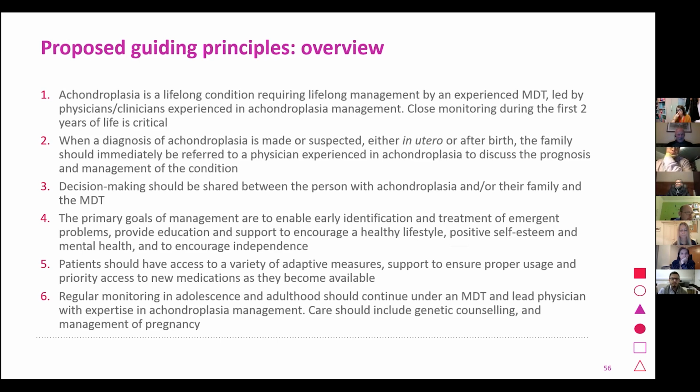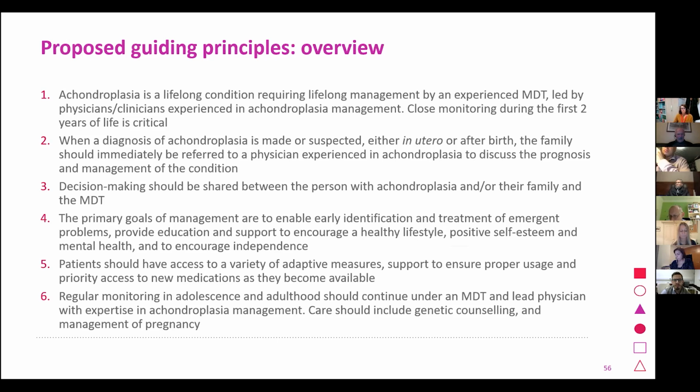Fourth, the primary goals of management are to enable early identification and treatment of emergent problems, provide education and support to encourage a healthy lifestyle, positive self-esteem and mental health, and to encourage independence. And fifth, patients should have access to a variety of adaptive measures, support to ensure proper usage, and priority access to new medications as they become available.